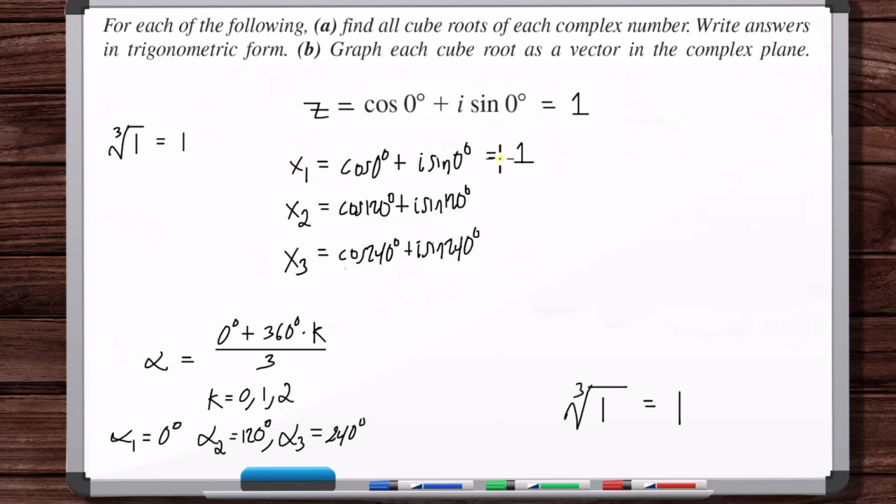So the principal cube root of 1 in relation to a radical is 1, and evaluating the cube roots as a complex number, it's also 1. So it kind of makes you think, well, that's great then. We could have just put this into a radical, but unfortunately, it doesn't always work out that way.